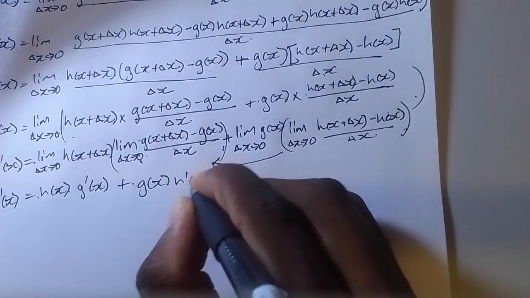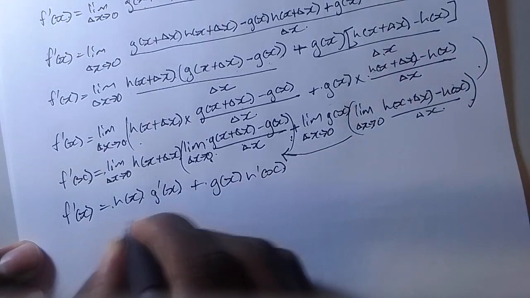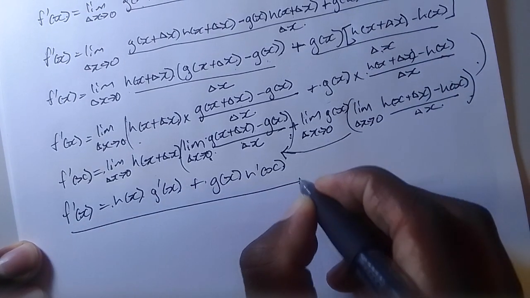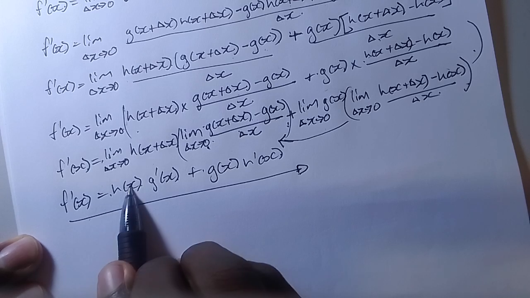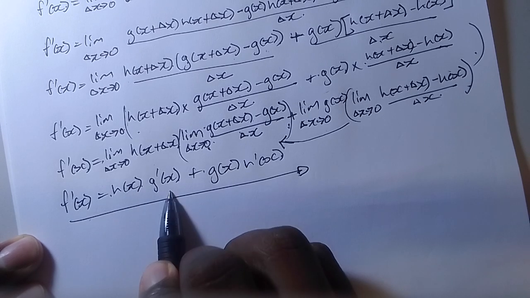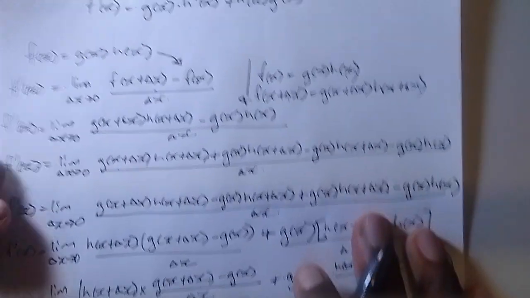So it's h prime x. And that is your product rule, as stated at the top. It says f prime x is equal to h of x times g prime x plus g of x times h prime x.